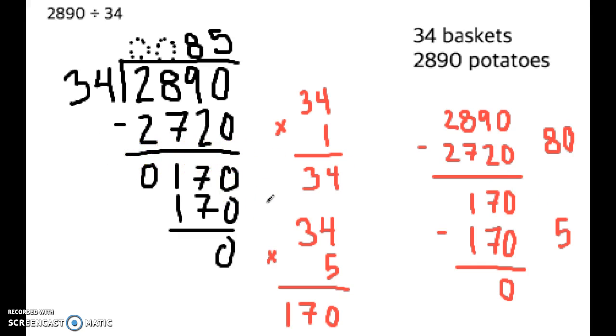Subtracting that from our 2,890, we got 170. And from there, we moved on to our singles place, where we found out that 34 times 5 is equal to 170. Subtracted by 170 equals 0. And we find out that our final answer is 85.